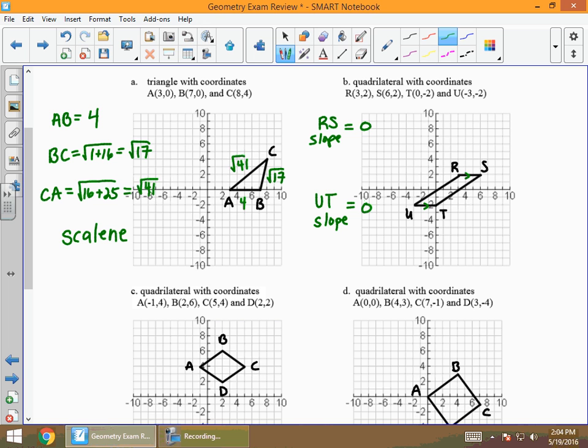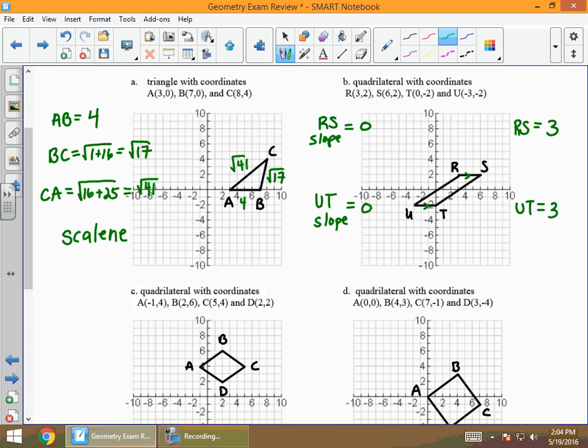And then I'll find the distance from R to S. Since it is running completely sideways, I can just count. From R to S is 1, 2, 3 units. And from U to T, that is 1, 2, 3 units.